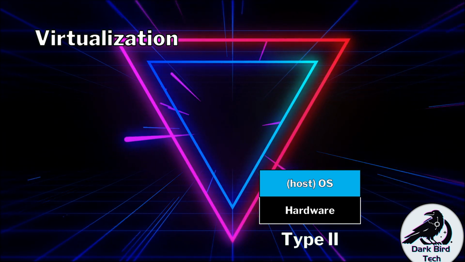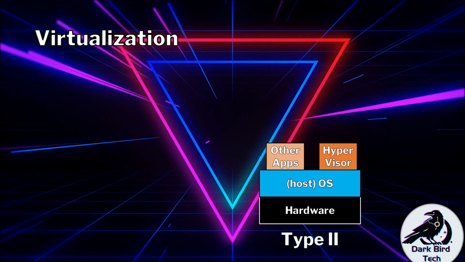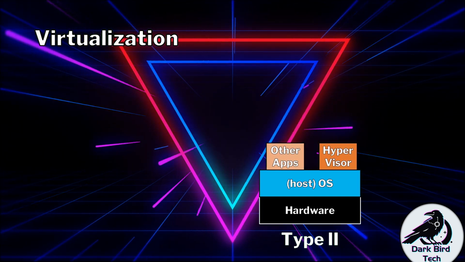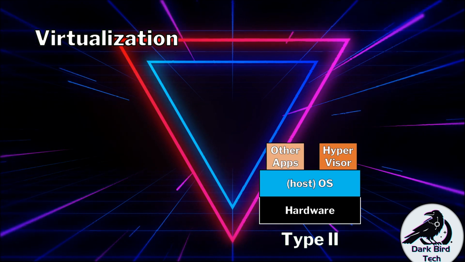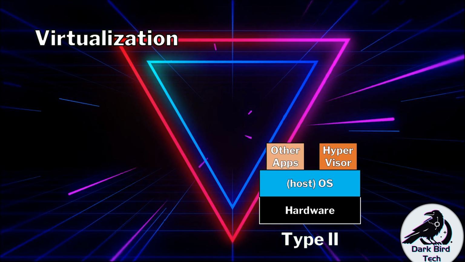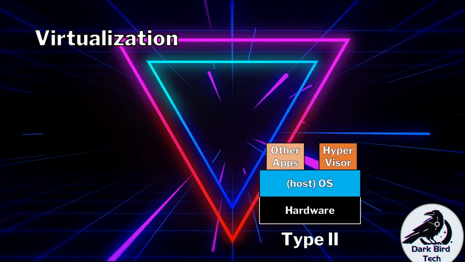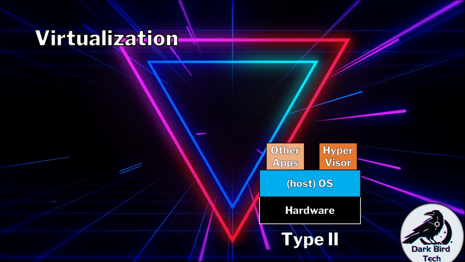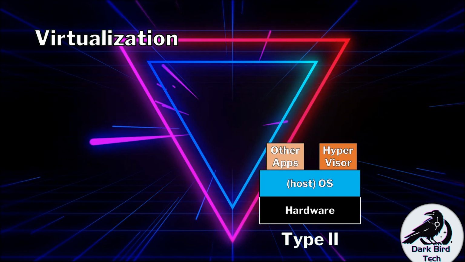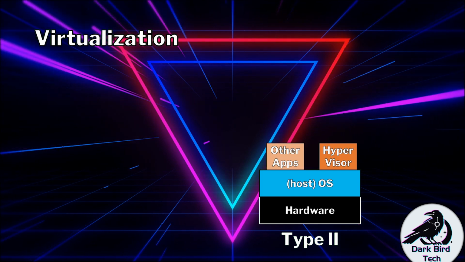And then, on top of that host operating system, I'm going to install a software hypervisor alongside other applications that would be on my computer, like for instance my document processing tools, my web browser and stuff like that. My hypervisor is just that, an application that exists on my machine.